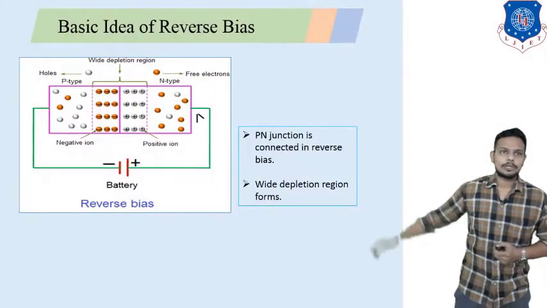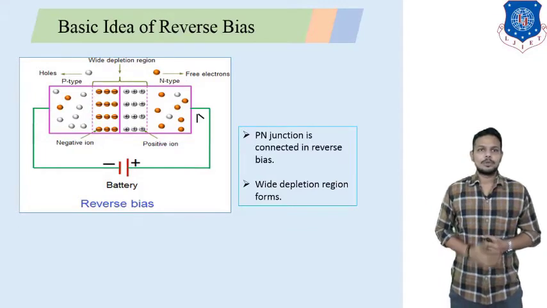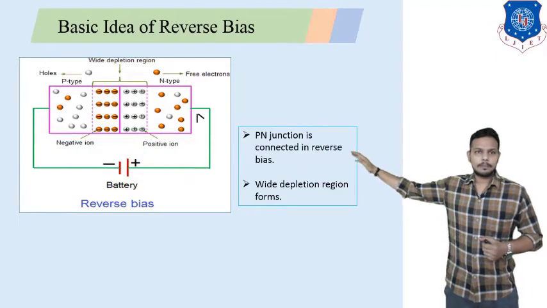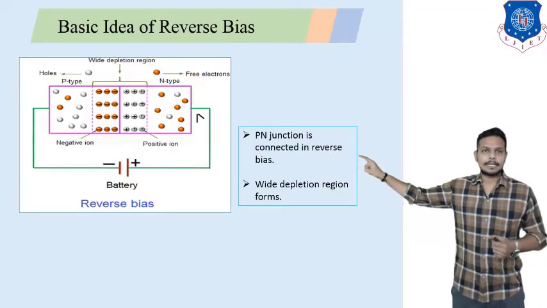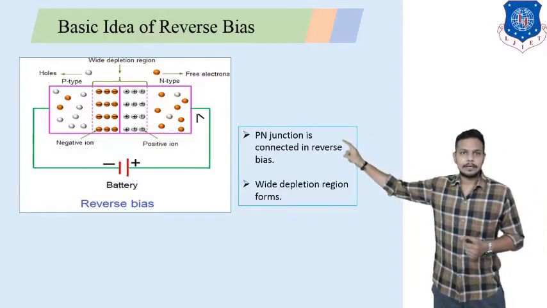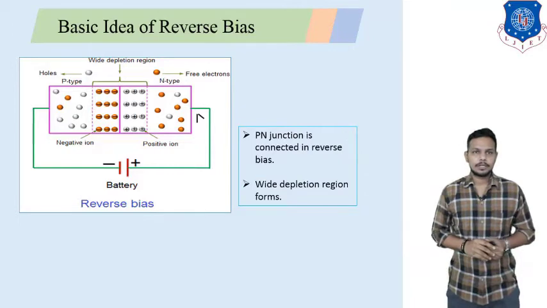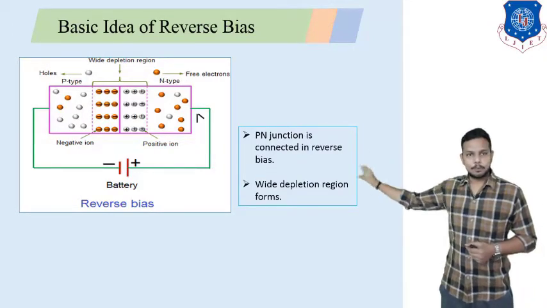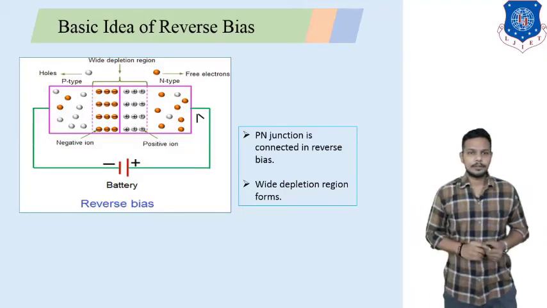Now let us discuss about basic idea of reverse bias. So first we have to finalize, in this construction there is a battery. Battery's positive terminal is connected with the n-type material and battery's negative terminal is connected with the p-type material. So due to this, electrons are always attracted towards positive terminal and holes are attracted towards the negative terminal.